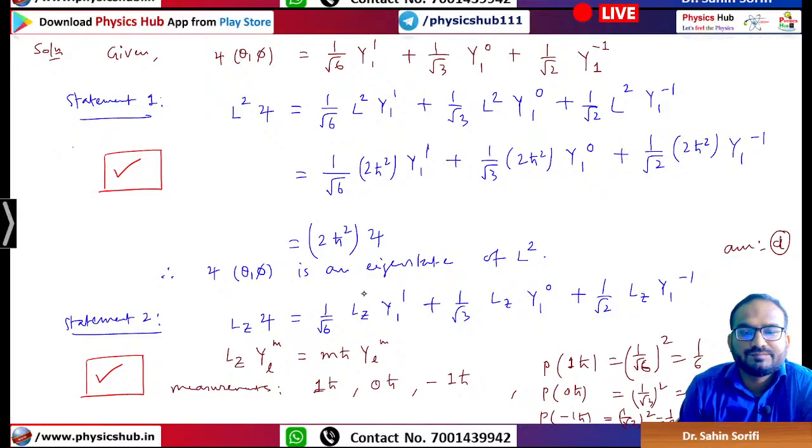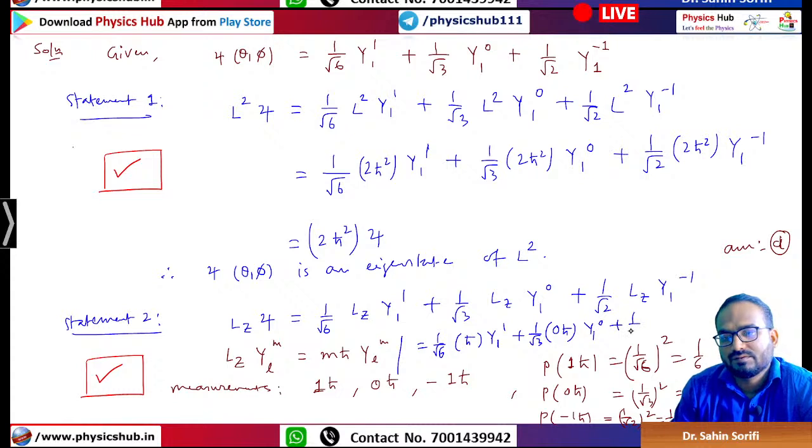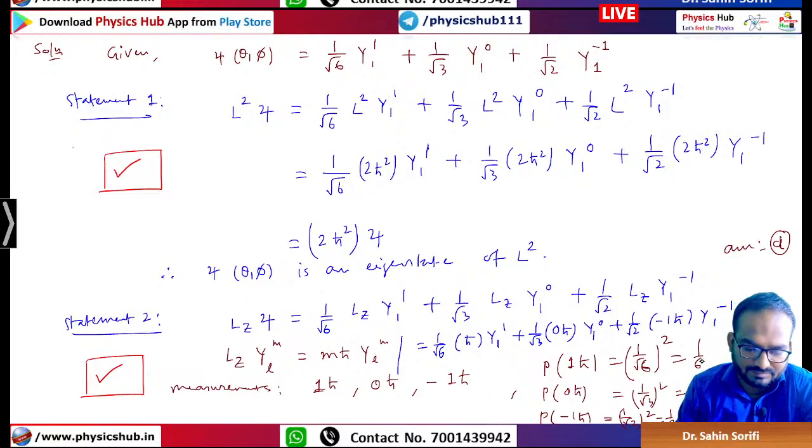This is actually, you will get 1 by root 6 h cut Y11, 1 by root 3 0 h cut Y10, 1 by root 2 minus 1 h cut Y1 minus 1.